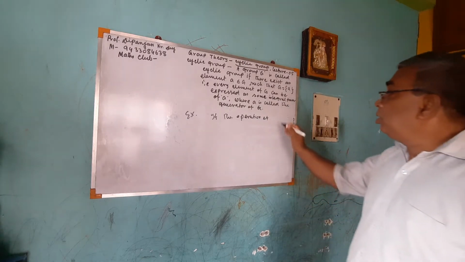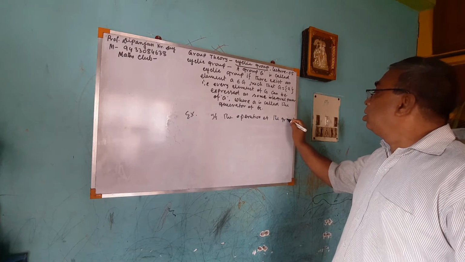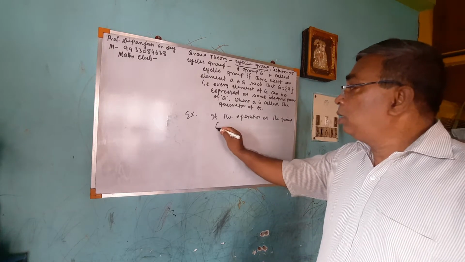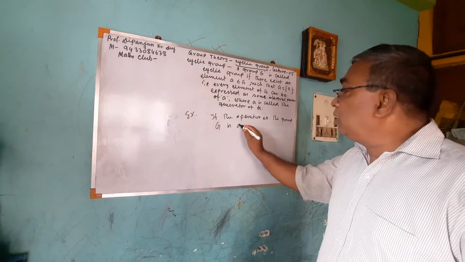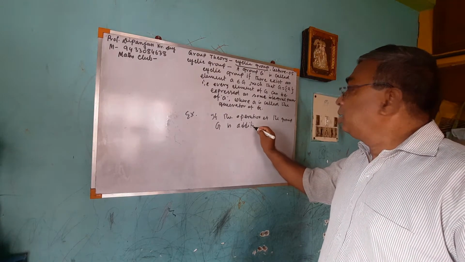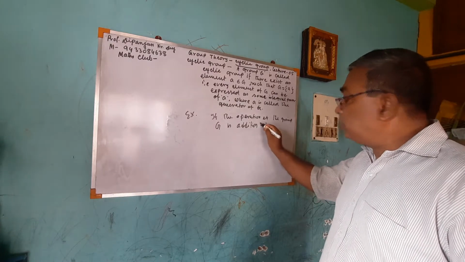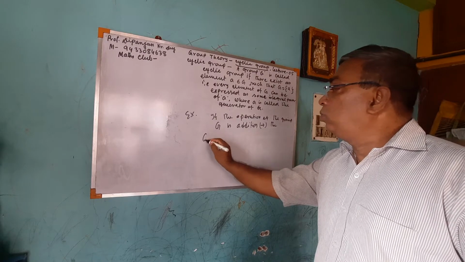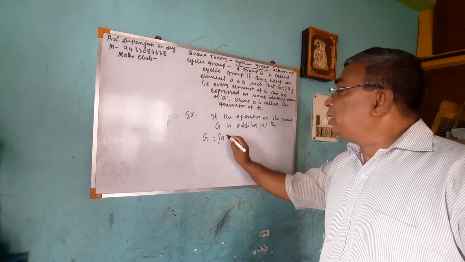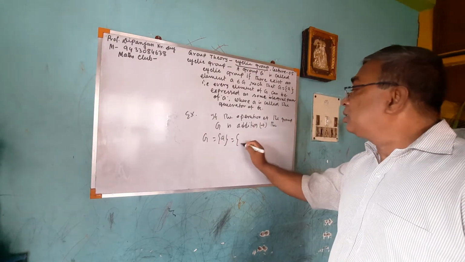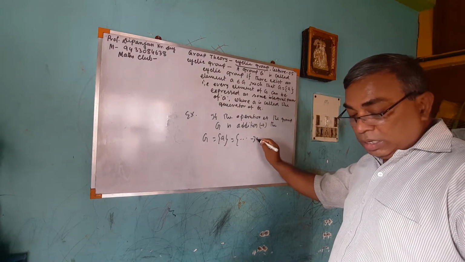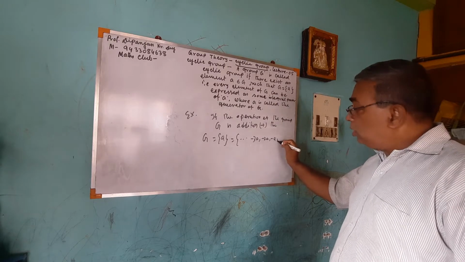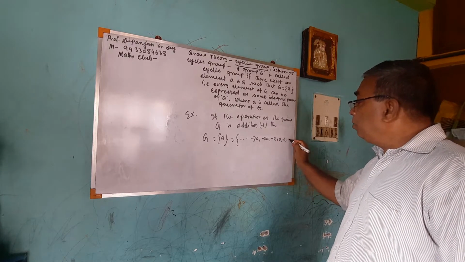If the operation of the group G is addition, that means plus, then G equals the set generated by a, that is the generator. In that case, minus 3a, minus 2a, minus a, 0, a, 2a, 3a, and so on.